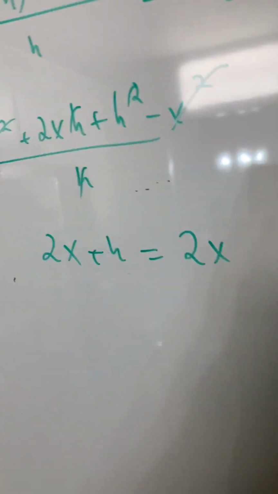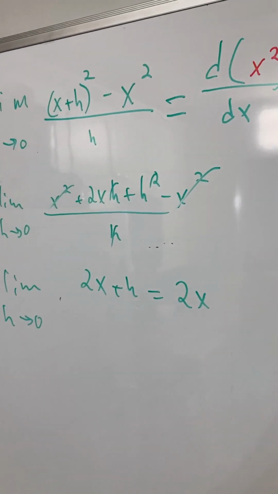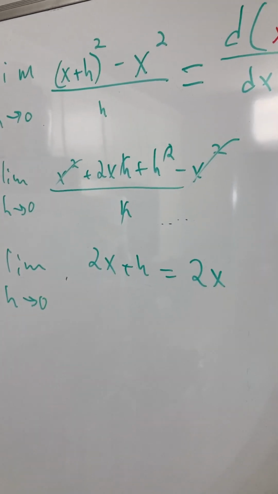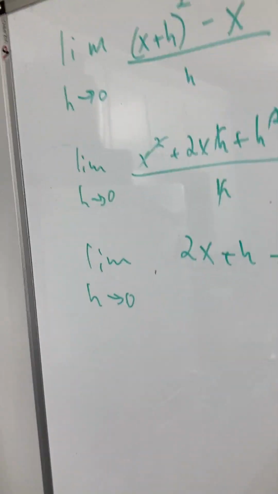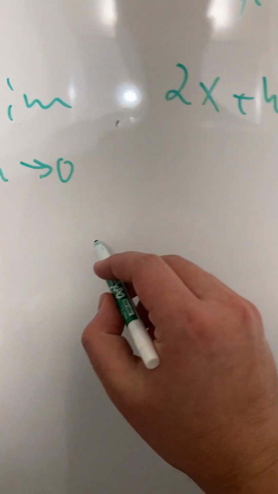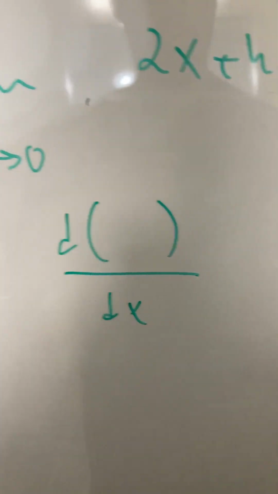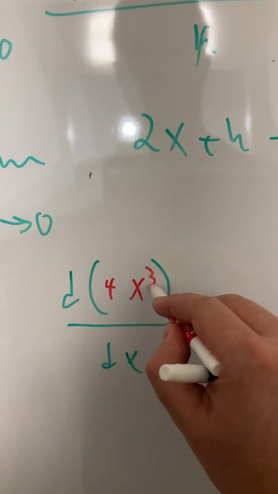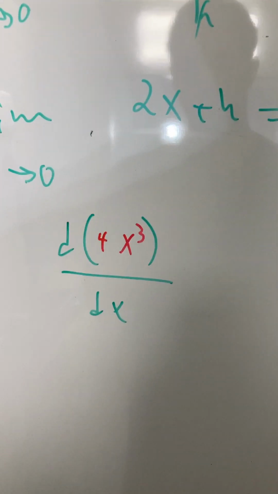But there was that very long summer day where we were in Miss Carney's room and did these for hours until we noticed the pattern. Now, if I ever put something like 4x cubed in front of you, the derivative with respect to x of 4x cubed, you would never sit there and do all this.